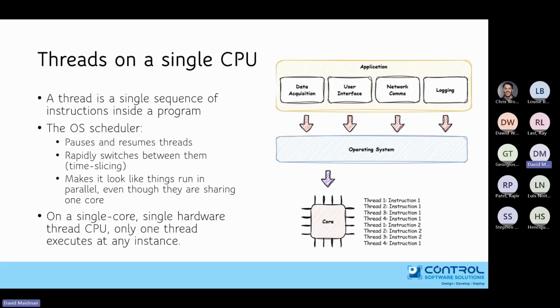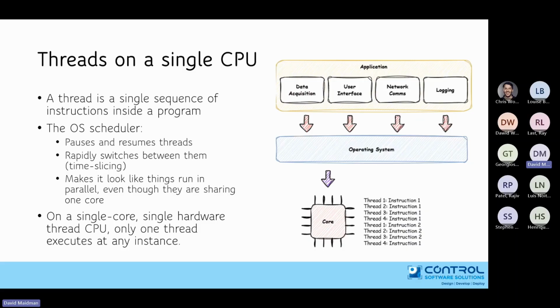So going back to 1998, when multitasking and multi-threading became available, we had a single CPU, my Pentium 2. My LabVIEW application would still request a number of threads. We'll look at this later, but it will request threads for work to be done.